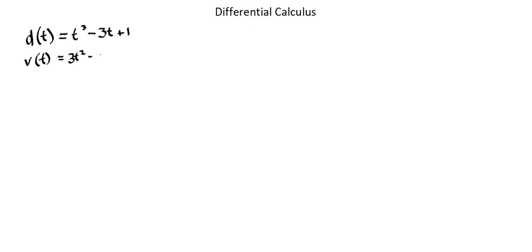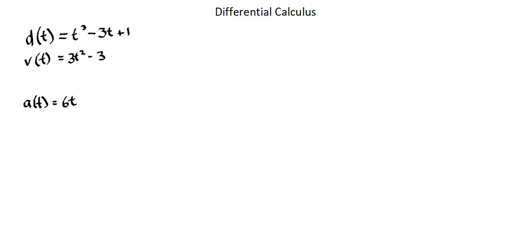The derivative of 3t is 3, and the derivative of 1 is 0. For my velocity function, I have 3t squared minus 3. And my acceleration function is the derivative of the velocity function. So for acceleration, the derivative of 3t squared is 6t, and the derivative of 3 is 0. So my acceleration function is 6t.